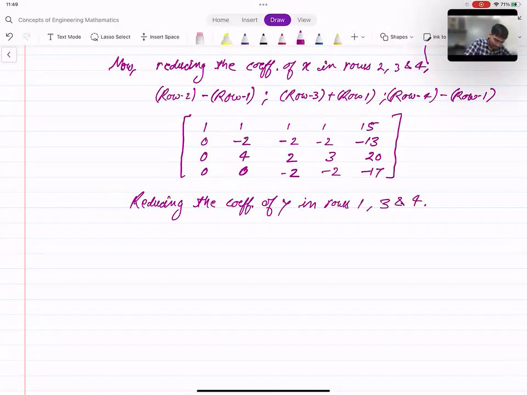For that, see here, row 4 already has the coefficient of y as 0, so we only need to do the operation on rows 1 and 3.